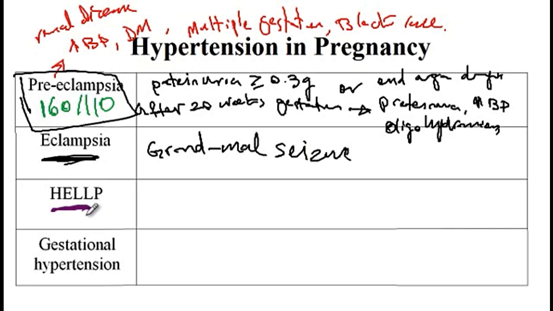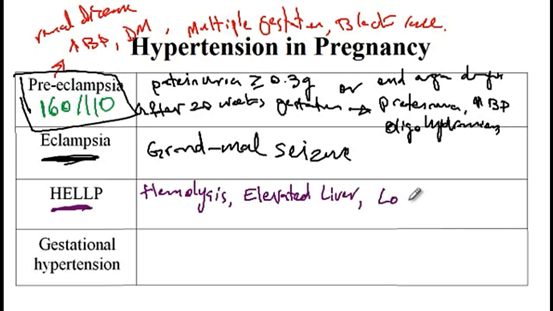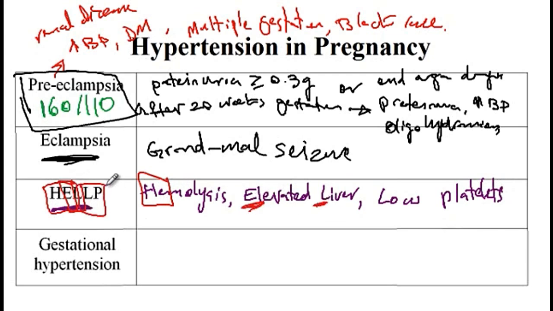HELLP is the more severe form of preeclampsia, which presents with hemolysis, elevated liver enzymes, and low platelets. So HE goes for hemolysis, EL goes for elevated liver enzymes, and then LP goes for low platelets.